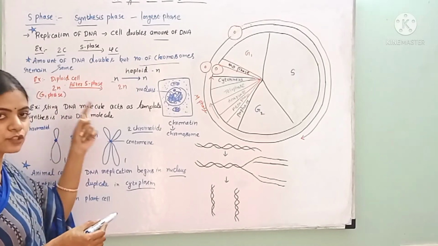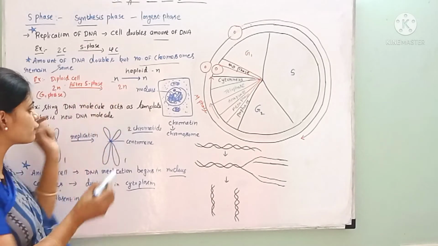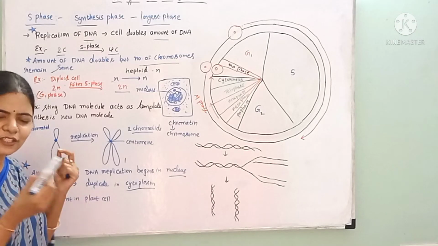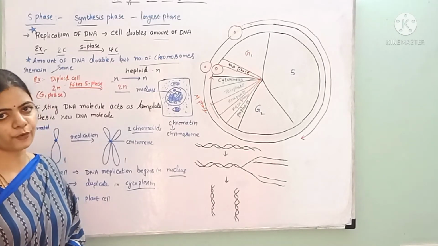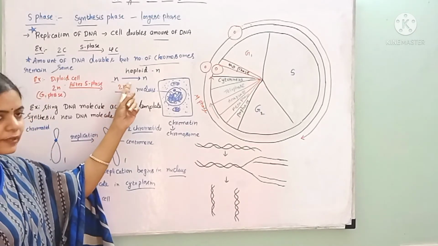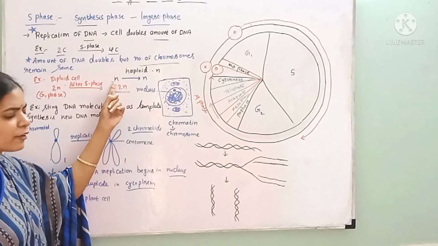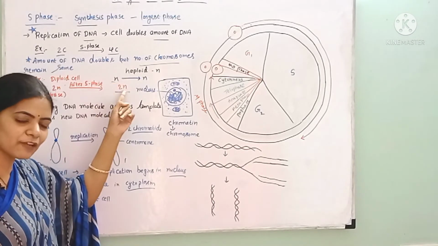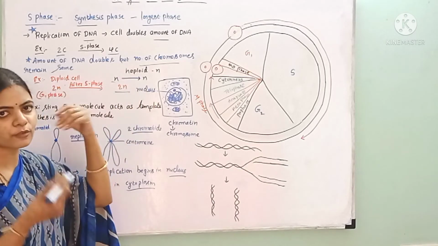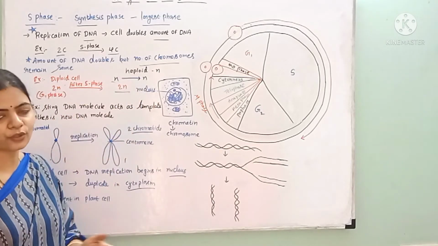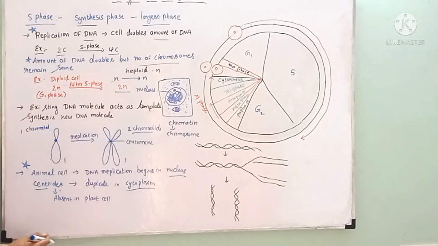After S phase, the number of chromosomes will be 2n only. Whereas in haploid cells, the initial number of chromosomes is n and after S phase, it will be n only. There is no change in the number of chromosomes.